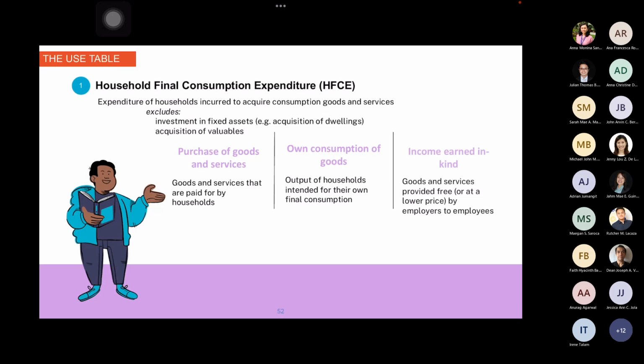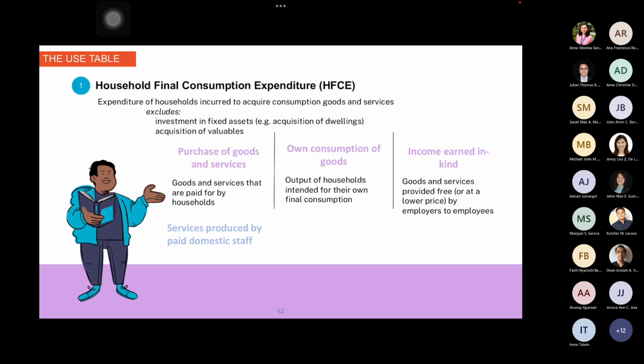So let's say an example would be free gas or meals provided to the staff. Okay. Other components that may be part of household final consumption expenditure would be the following.